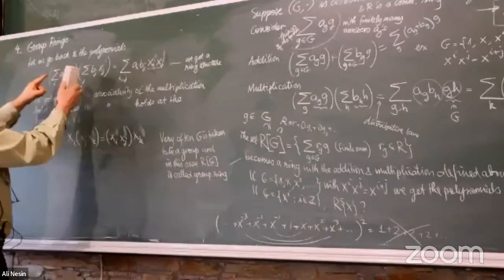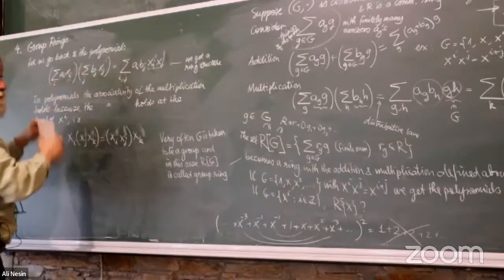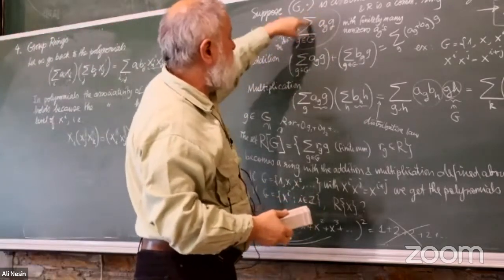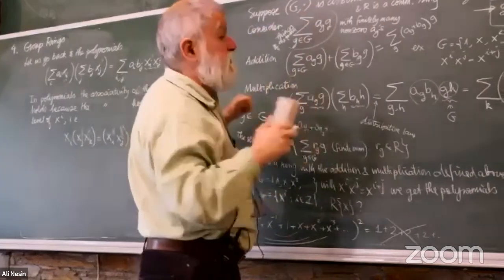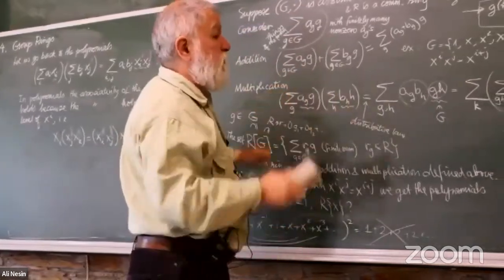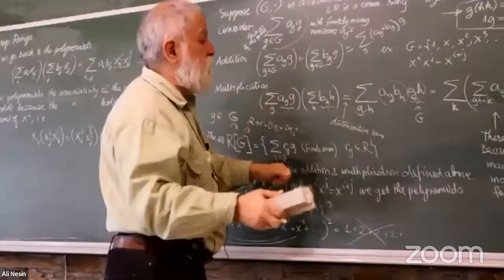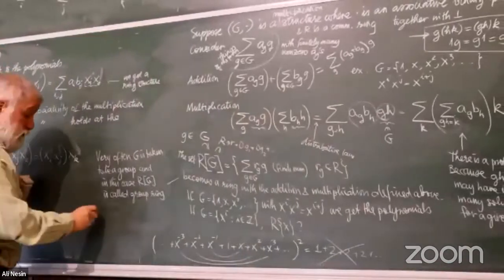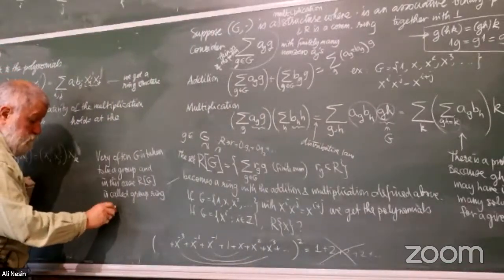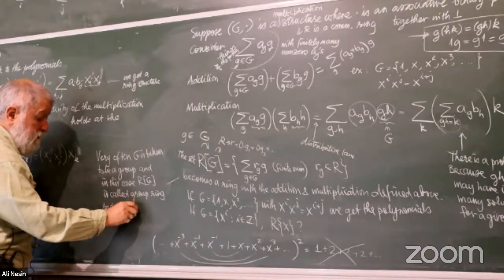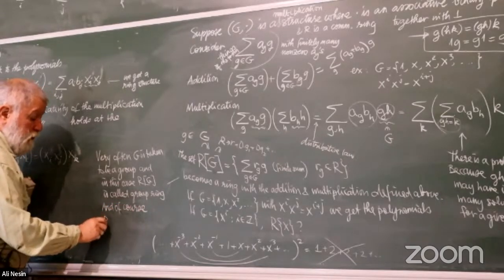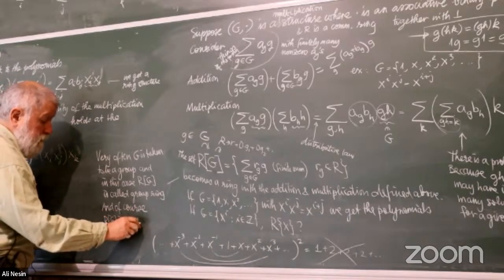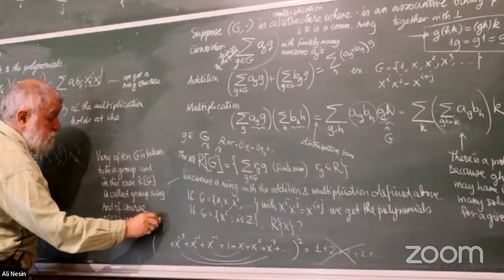If and only if the corresponding coefficients are equal. When do we have two group ring elements equal? If and only if the coefficients are exactly the same. The constant coefficients are the same, the coefficients of g are the same, the coefficients of h are the same, and so on. It's called a group ring. And of course, R[G] is commutative if and only if G is commutative.